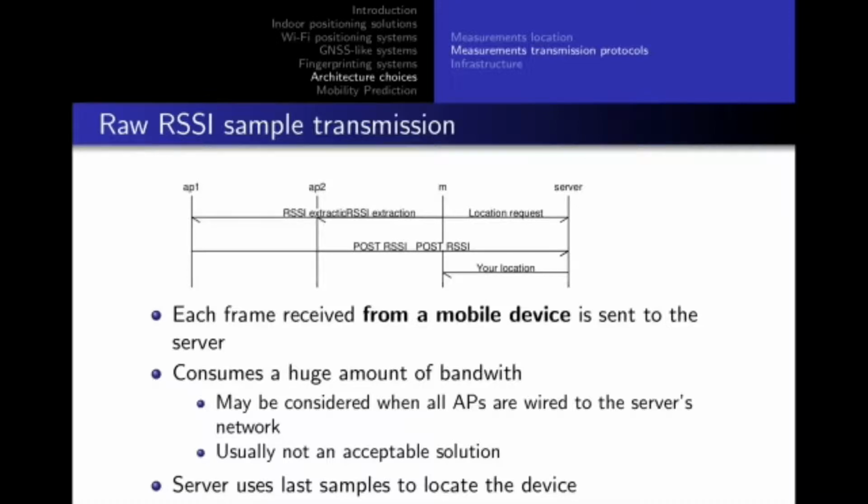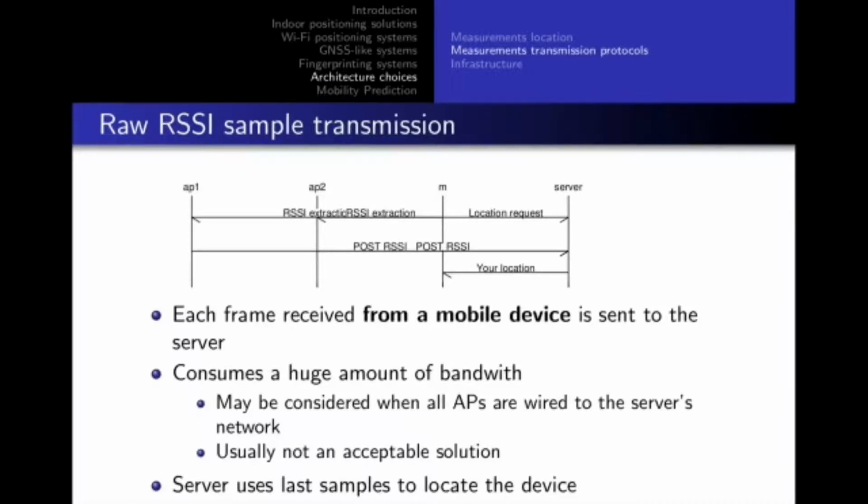It can only be considered when all the access points are wired to the server's network, because if they are communicating with the server through Wi-Fi, each frame of the access point will also trigger another frame of measurements, and then you have an infinite loop and your network goes down. And even with a wired network, it's usually not an acceptable solution.